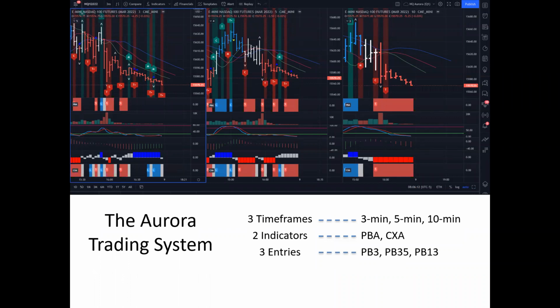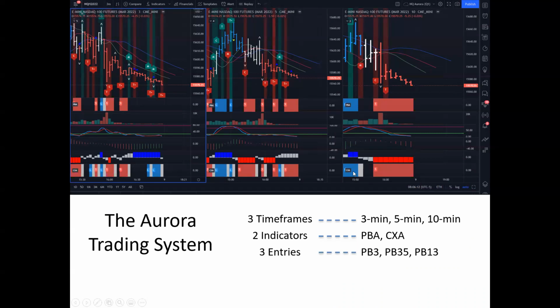So those 3 entries are utilizing 2 primary indicators. The PBA, which is this red and blue block set, and the CXA, which is on the lower part of my chart, which is also presented as red and blue blocks.